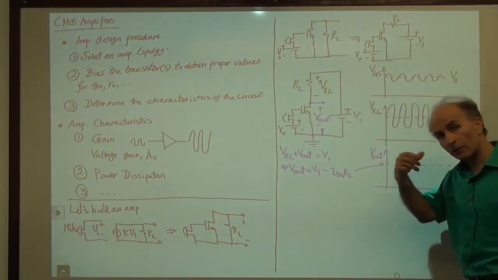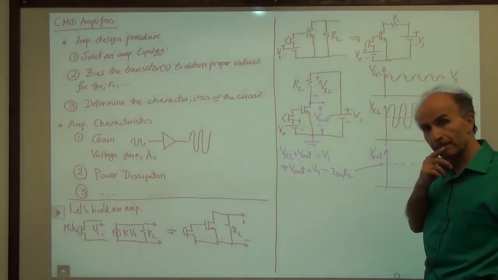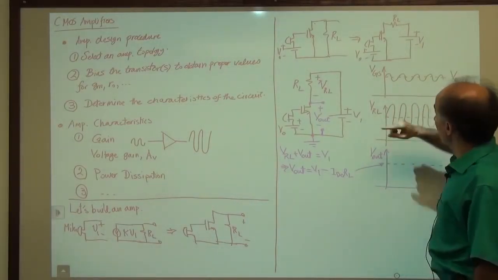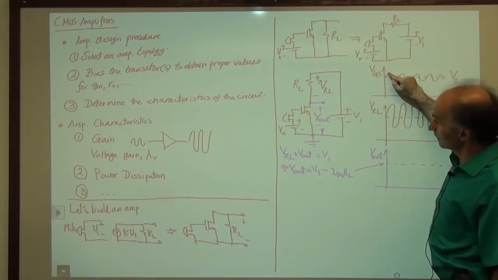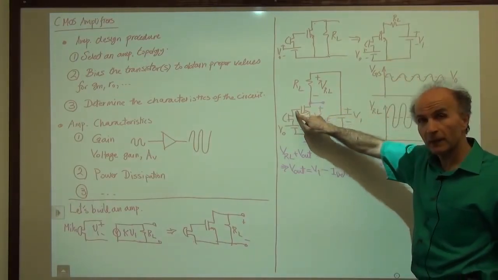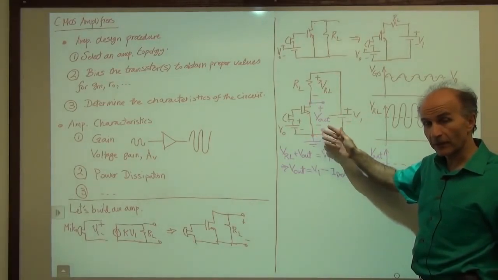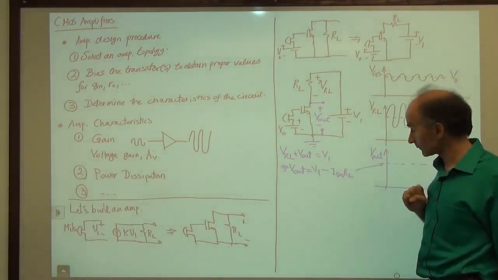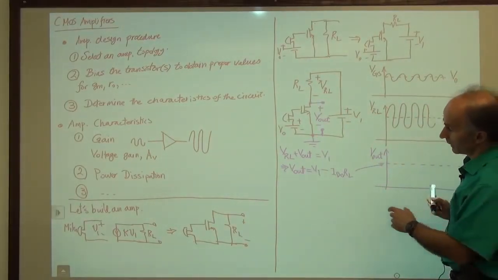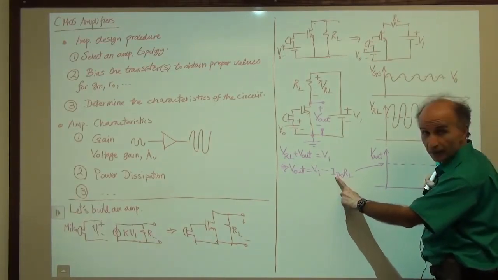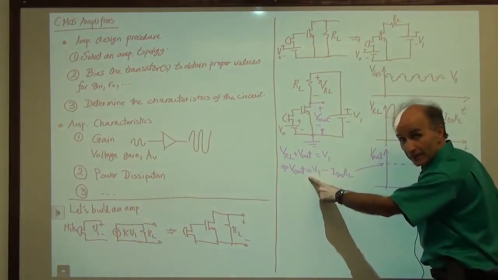Okay, now the microphone signal comes in. Let's suppose again that VGS is increasing because of the microphone signal, which means the drain current of the device is increasing. Now what happens to V out? Well, because the drain current is increasing, V out decreases.